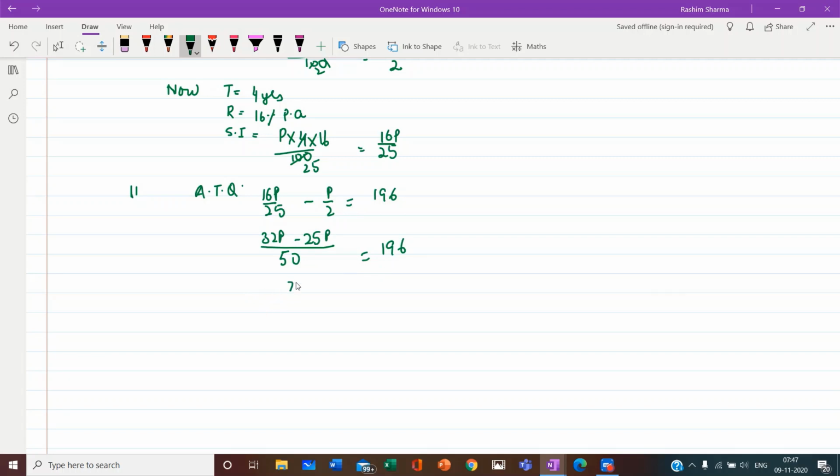So 7p/50 is equal to 196. So p becomes 196 into 50 by 7. 28 into 50 is rupees 1400. So this is the answer, rupees 1400.